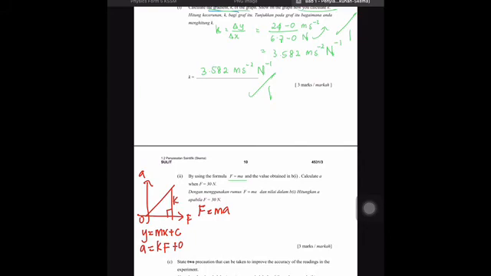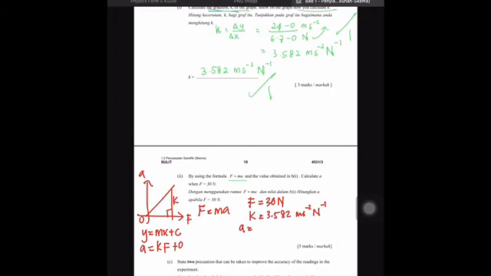So when F is equivalent to 30 Newton, your K is 3.582 meter per second per Newton. So what is your A?